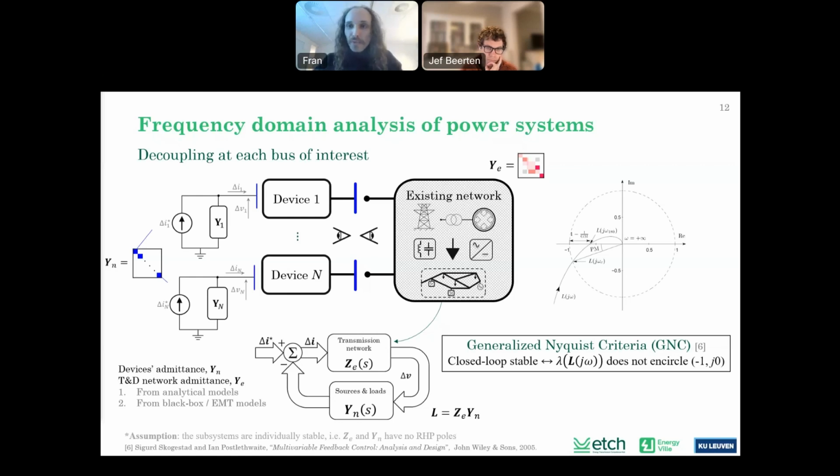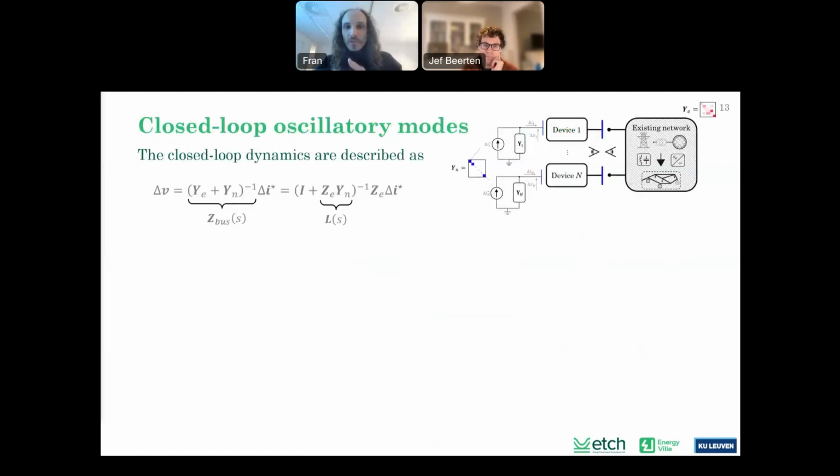So quite straightforward. But we can not only say whether it's stable or unstable. We can also obtain more information out of this system description. For instance, we can also calculate the oscillatory modes of the system. So, okay, it might be stable or unstable, but in any case, you are interested in how the system will oscillate.